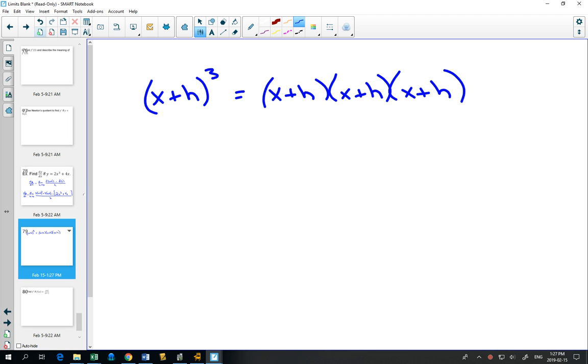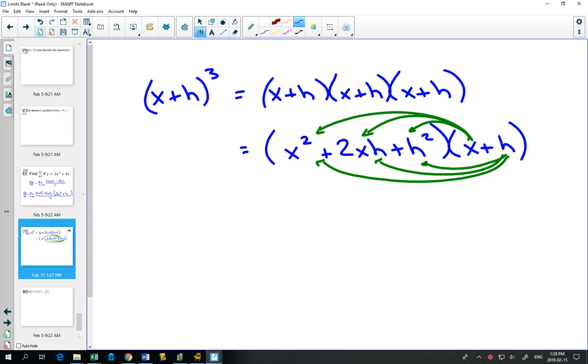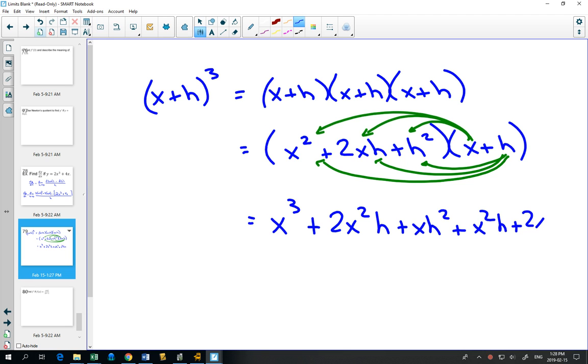When you have 3 things multiplied, you multiply 2 of them first. X squared plus 2xh plus h squared, still times x plus h. And then you would have to distribute all of those and get x cubed plus 2x squared h plus xh squared plus x squared h plus 2xh squared plus h cubed.